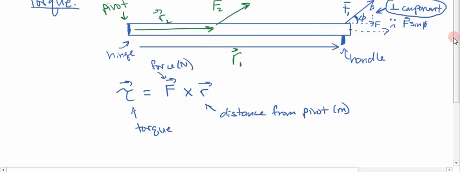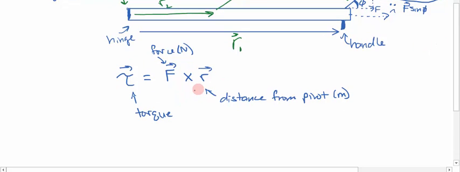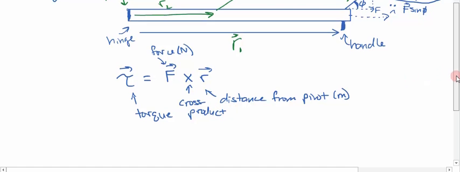And with this little x here, this x represents what's called the cross product. If you are taking linear algebra, you probably have come across these before, maybe in pre-calc.